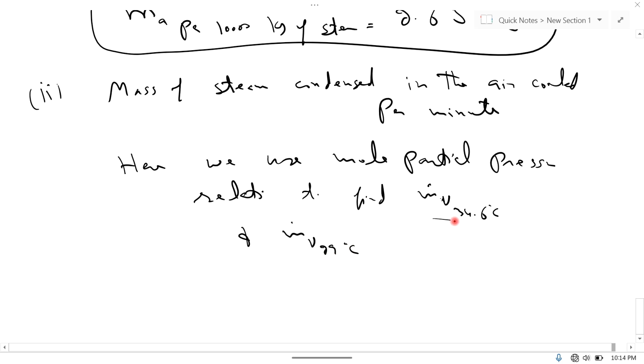So inlet is mass flow rate at 34.6 and exit is 29. So the difference of these values will be the steam condensed in the air.